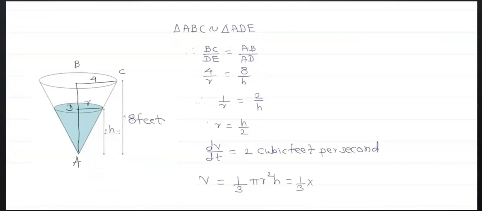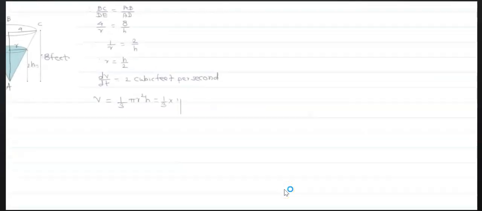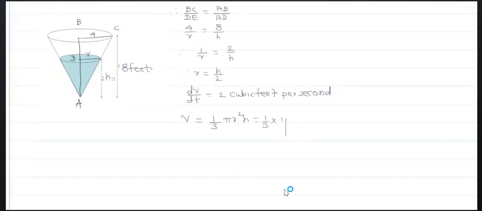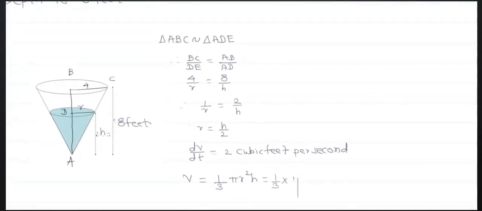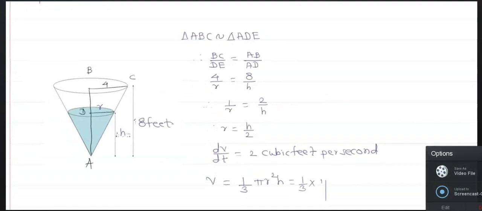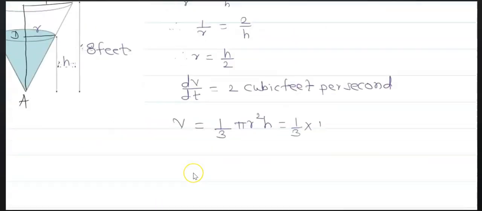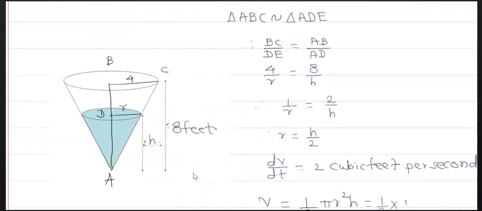V is equal to 1 upon 3 pi r square into h. This is the figure. You can see this here also.